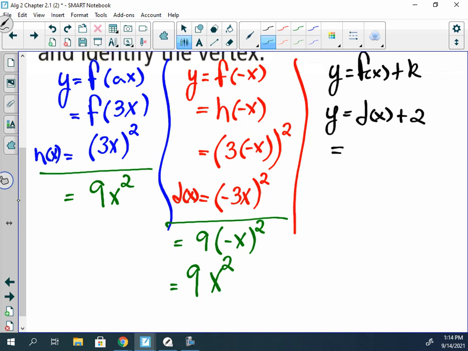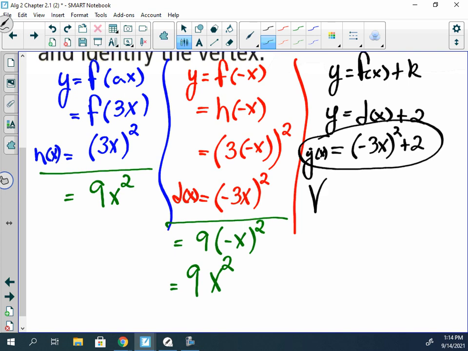Well, our j of x is negative 3x squared plus 2. So we'd have negative 3x squared, or really parentheses, negative 3x, close parentheses, squared, plus 2.